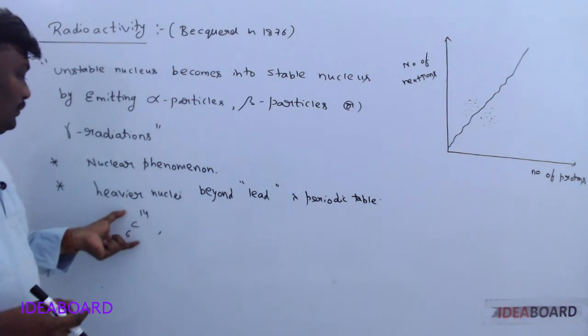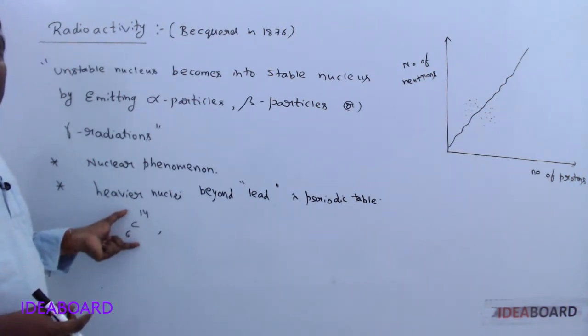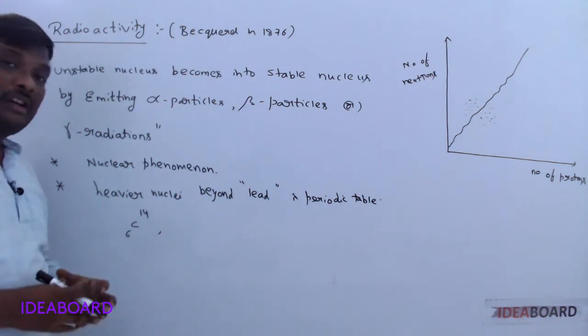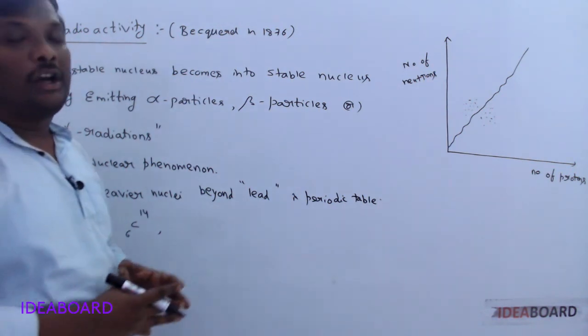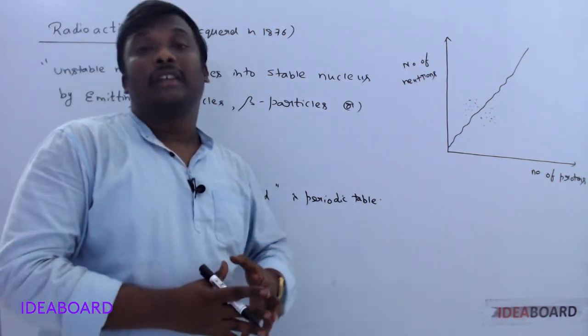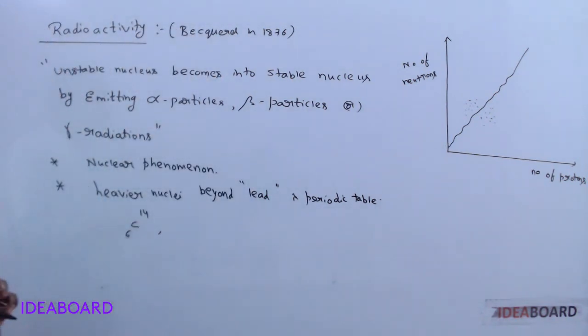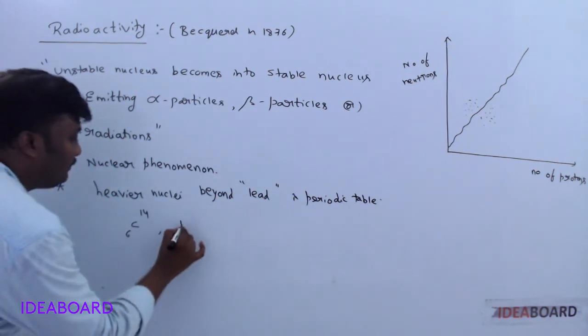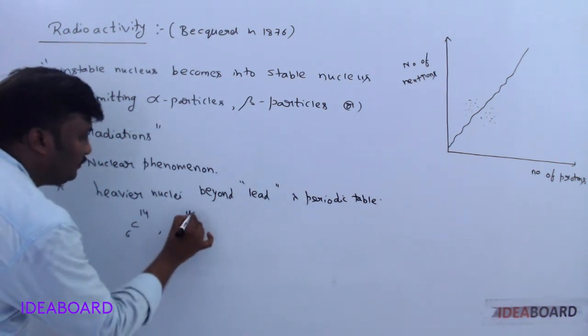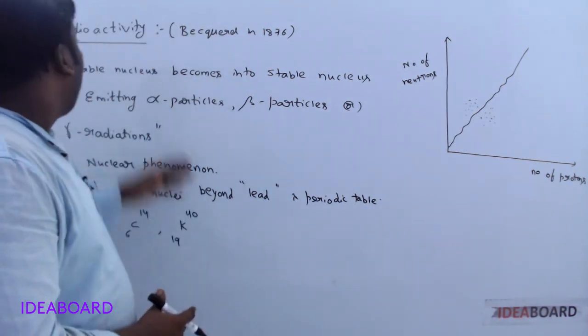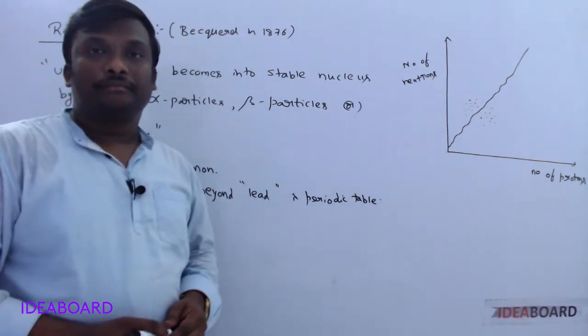The radioisotope C-14 participates in radioactivity and is used for the carbon dating method. To measure the ages of rocks, we use C-14 and also potassium-40, which is another isotope that participates in radioactivity.